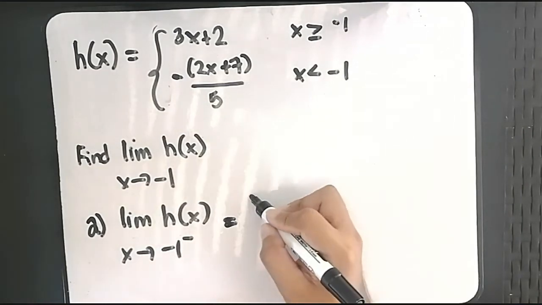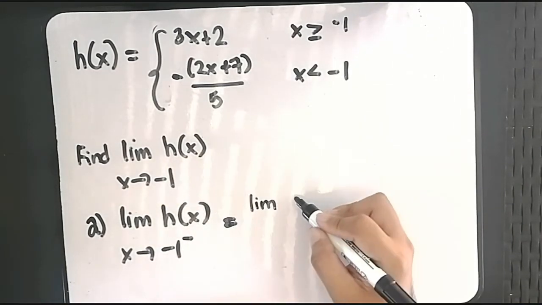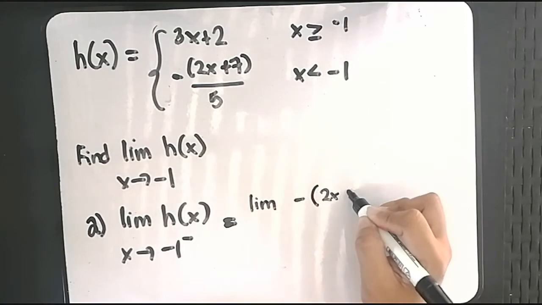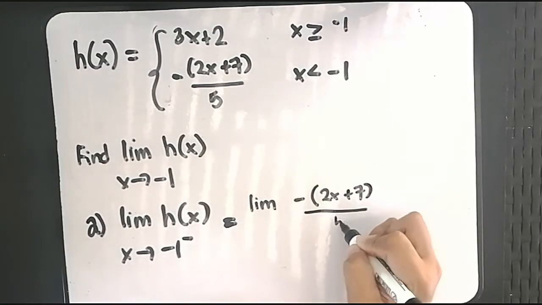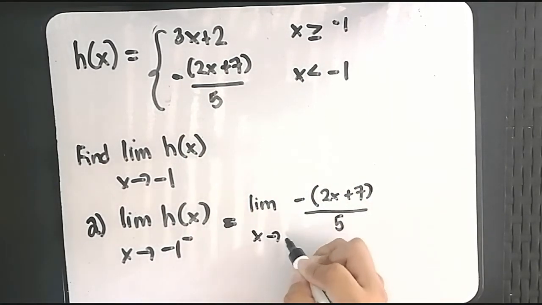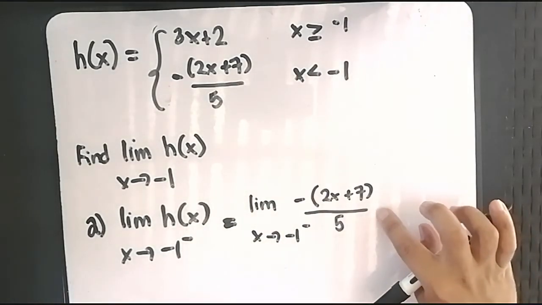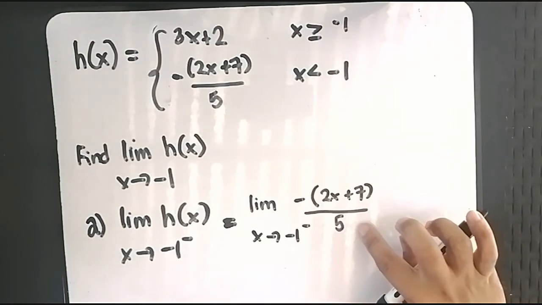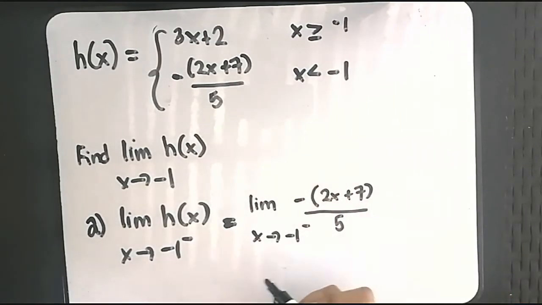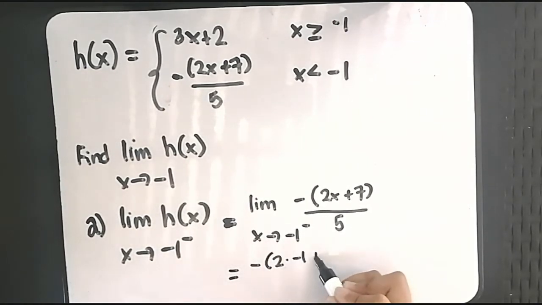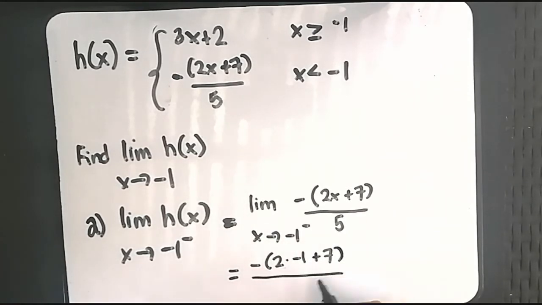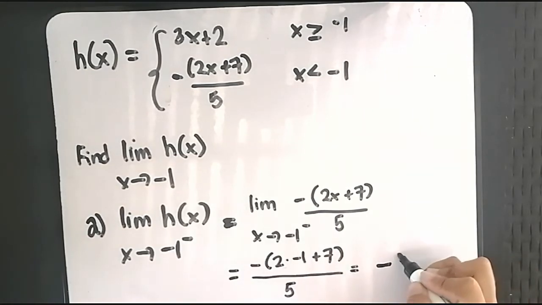So we have limit of the negative of 2x plus 7 all over 5 as x approaches negative 1 from the left. Since this is a rational function at hindi naman magzi-zero yung nasa baba, so we can directly substitute. So we now have negative of 2 times negative 1 plus 7 all over 5. So that is equal to negative 1.